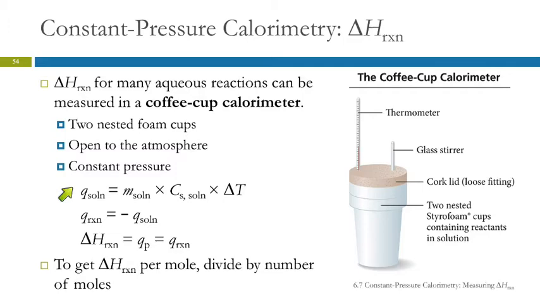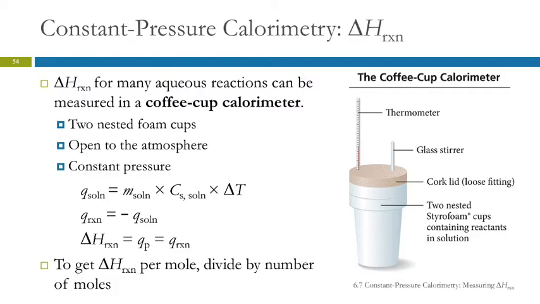So at constant pressure, the heat of reaction is equal to Q at constant pressure, which is Q for the reaction. We can't measure or calculate that directly, but we know that Q reaction is equal to negative Q solution, because if this is exothermic, the energy released by the reaction goes into the calorimeter.